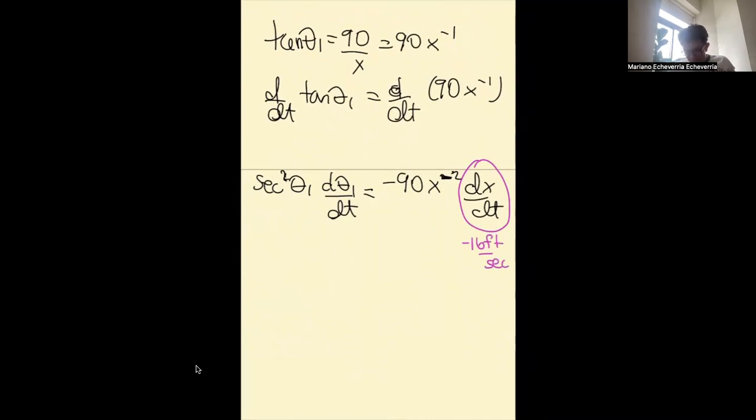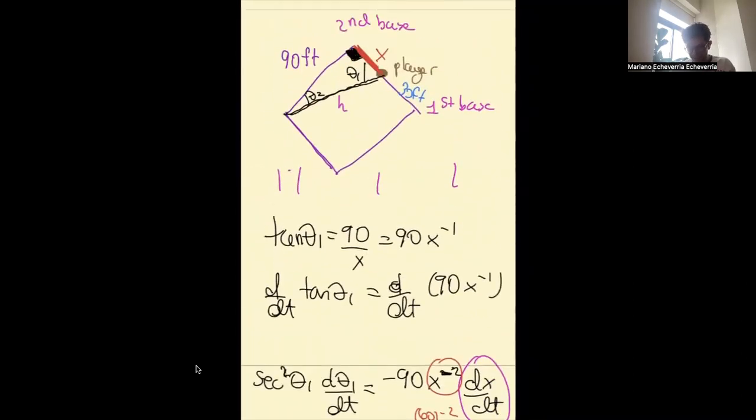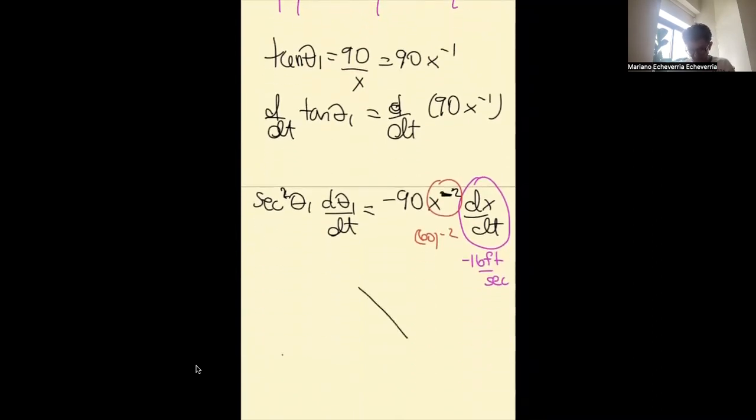We already knew x was 60, so this becomes 60 to the negative 2. That's good. So we only need to find the value for secant of theta 1. So how can we find that? Let's do just the right triangle. That may be easier. So we have the right triangle, where here's theta 1. X is 60. We just said that. And this is 90 always.